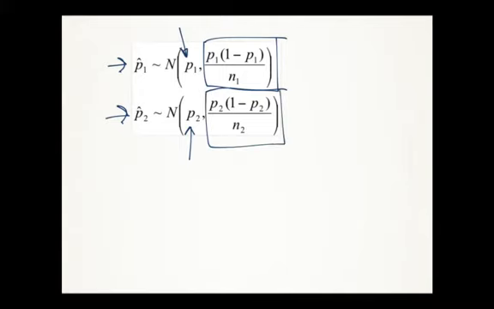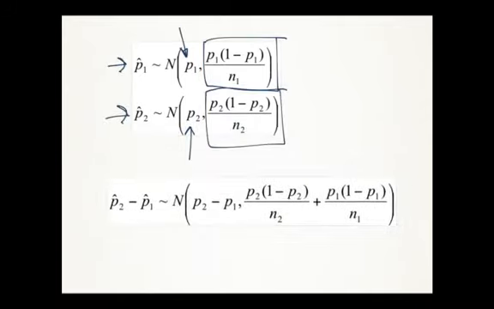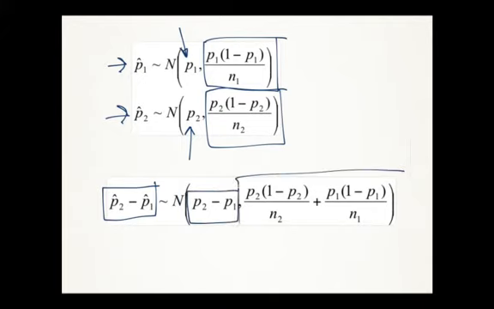And then the variance is the same, just with P1 replaced by P2. And if we take the difference of these, which is what we're interested in, we would get the following. P2 hat minus P1 hat is also normally distributed with mean P2 minus P1, and here's the corresponding variance.